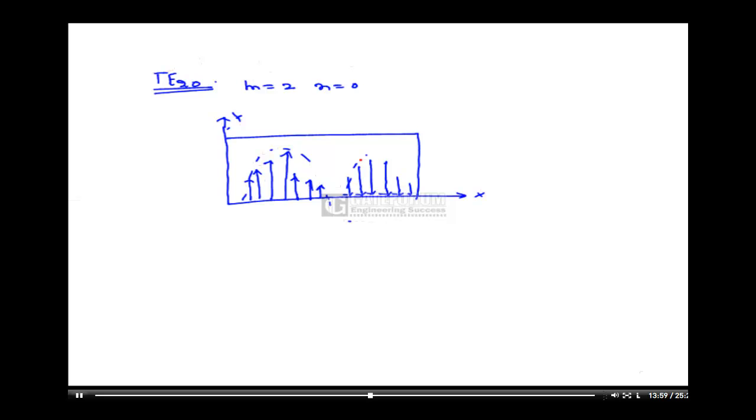So this is another half cycle which is in opposite direction to the original one. So total how many half cycles along x-axis? 2. But along y-axis there is no change at all. All are perpendicular lines along x-axis only. So there is no change along y-axis. So along y-axis it is 0.